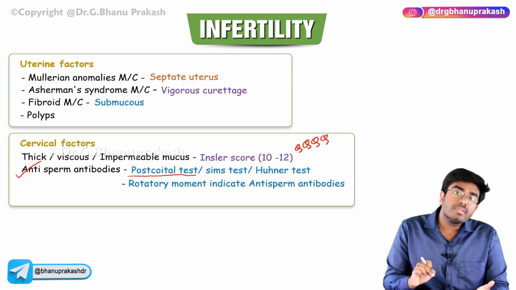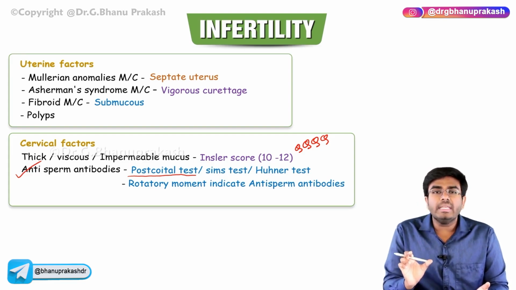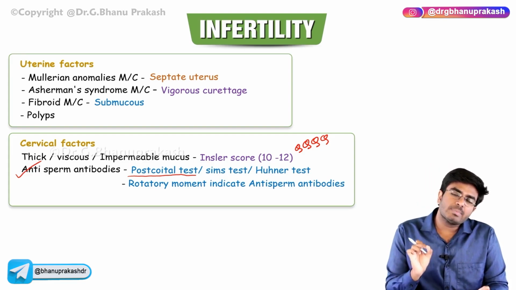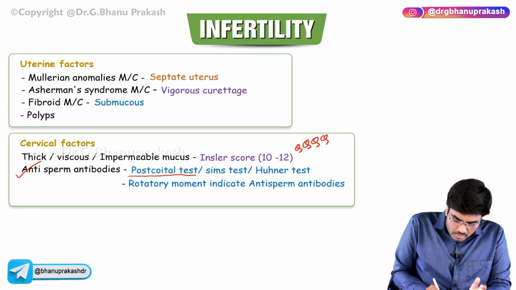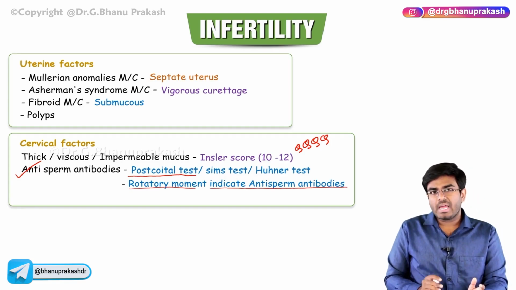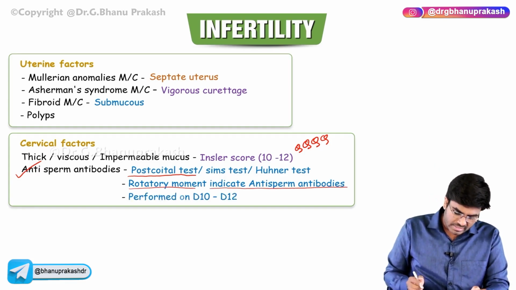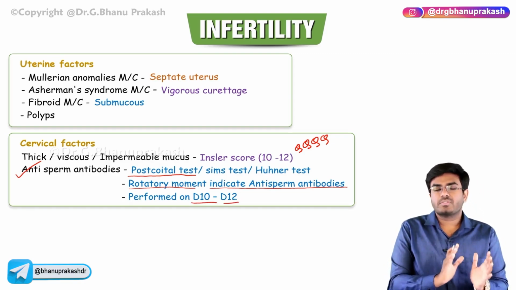But if the sperms are showing rotatory movement, this rotatory movement indicates the presence of anti-sperm antibodies. Okay, so these are very important points. So rotatory movement indicates the anti-sperm antibodies, and usually this post-coital test is done on day 10 to day 12. That's also the first half of the menstrual cycle.